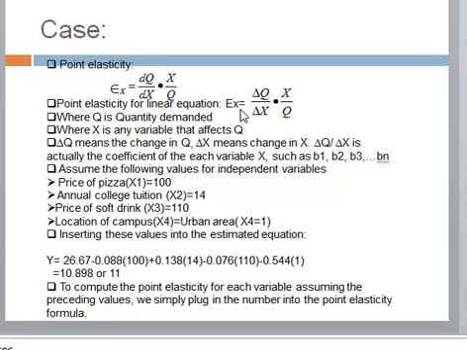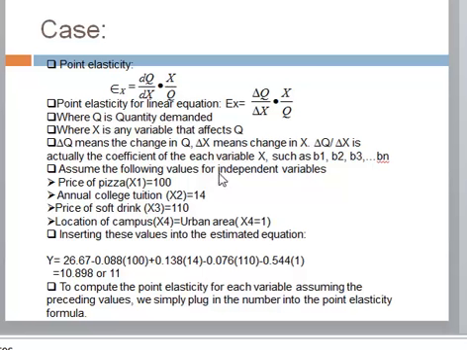Here Q is quantity demanded and X is any variable that affects Q. Delta Q means a change in Q, and delta X means a change in X. So delta Q divided by delta X is actually the coefficient of each variable X, such as B1, B2, B3.